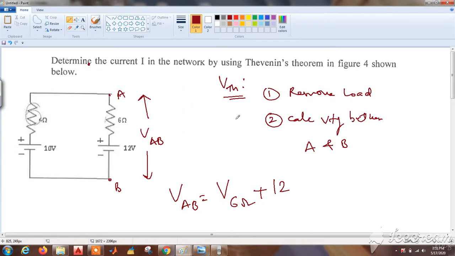So first, to find VAB we need to know the value of voltage across the 6 ohms resistance. For that we need to solve this circuit. So let us solve it by knowing this current I, whatever current is flowing in this circuit, then from Ohm's law we can easily determine the voltage drop across the 6 ohm resistor.